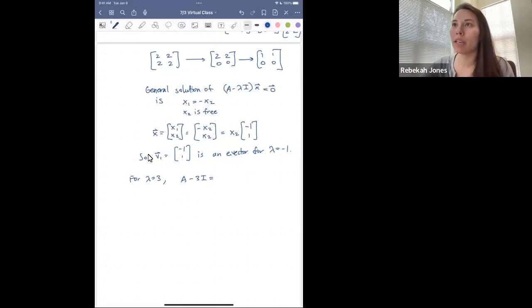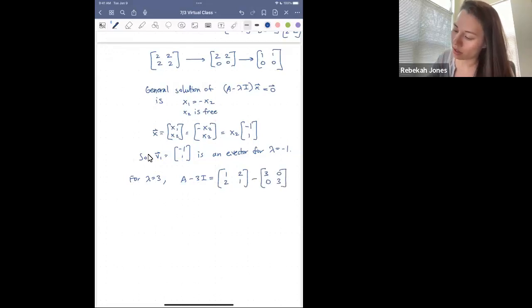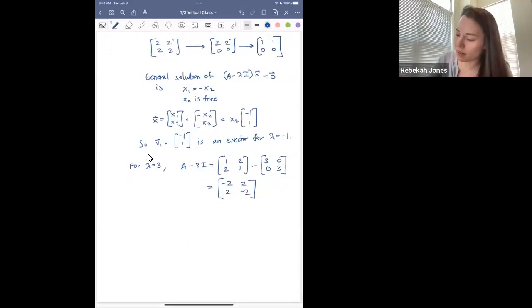Our matrix A was this guy, 1, 2, 2, 1, and we subtract from that 3, 0, 0, 3. Now we've got -2, 2, 2, -2. Then we row reduce this, so we can cancel the bottom row again, and then scale by -1/2.